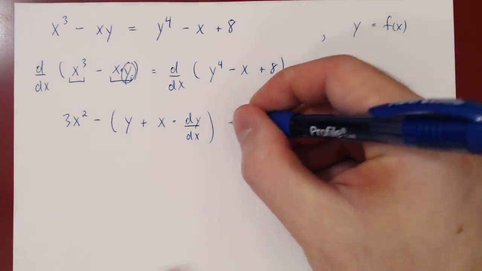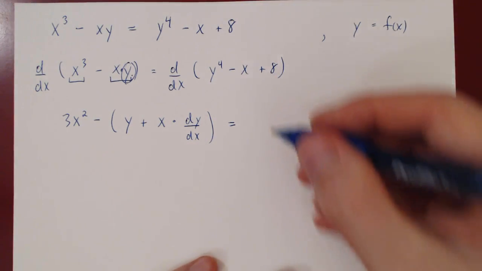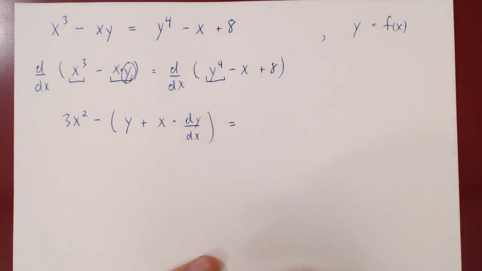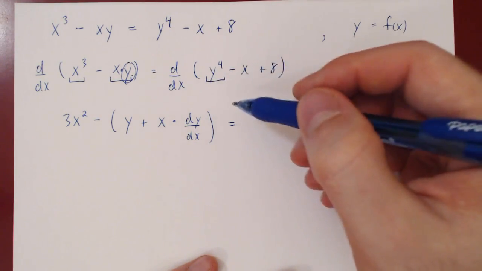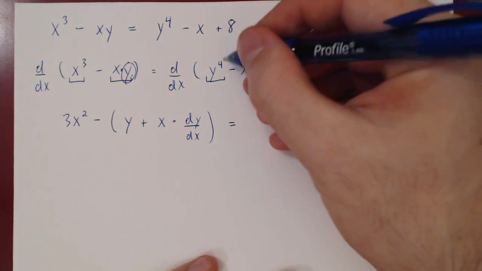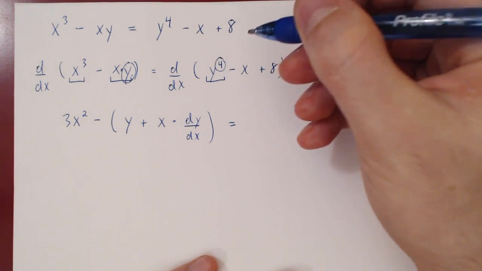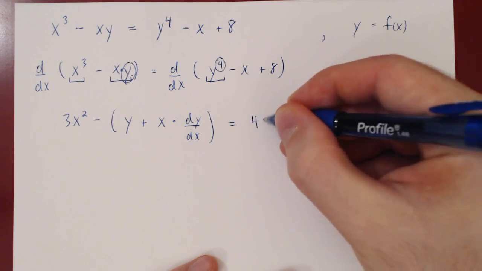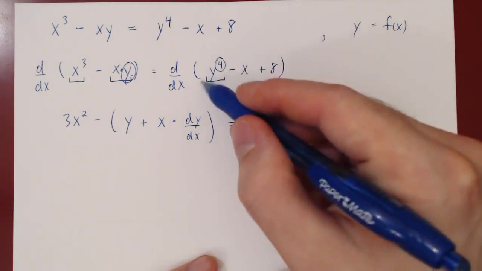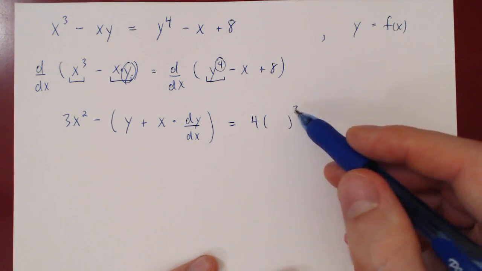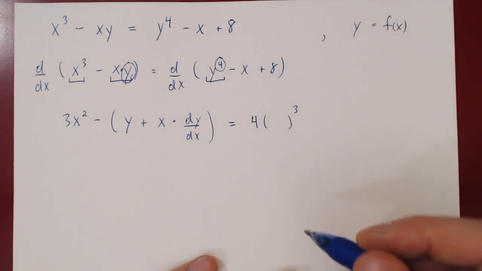Let us now differentiate the right-hand side. Well, the derivative of y to the fourth with respect to x, so here you have to be careful, right? This is a y term, so apply the chain rule carefully. The outside function is the fourth power. Apply the power rule, so you bring the power down, 4. You subtract 1 from the exponent, 4 minus 1 is 3.